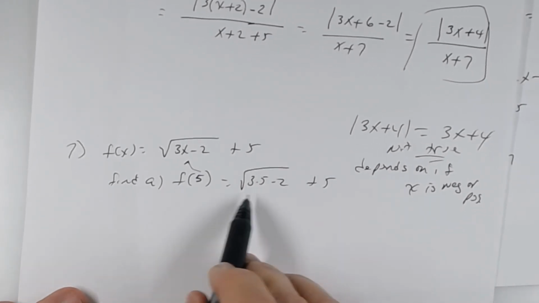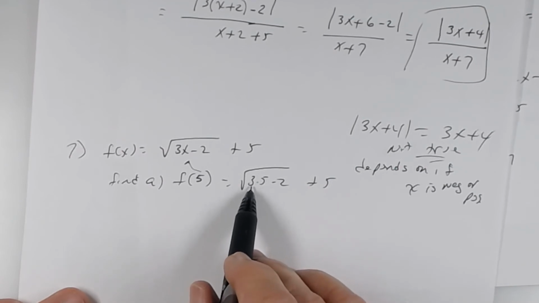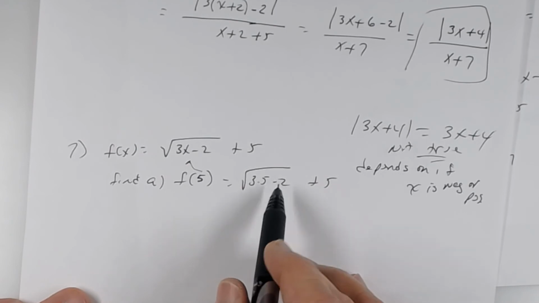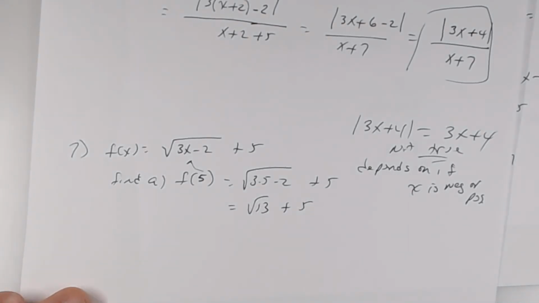Let's simplify the radicand. Remember, the radicand is the expression that's under the square root symbol, under the radical. 3 times 5? 15 minus 2? 13. So I get the square root of 13 plus 5. Can you do anything else to that?